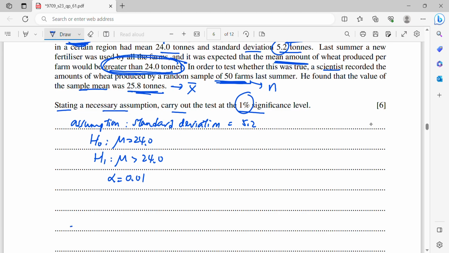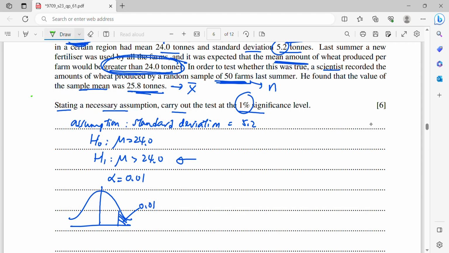So I will sketch a graph, which is bell shape, and by looking at the H1, which is greater than 24.0, that means this is an upper tail, one tail test. So I will label this as 0.01. And now I need to find out what this critical value is from the table. Alright.